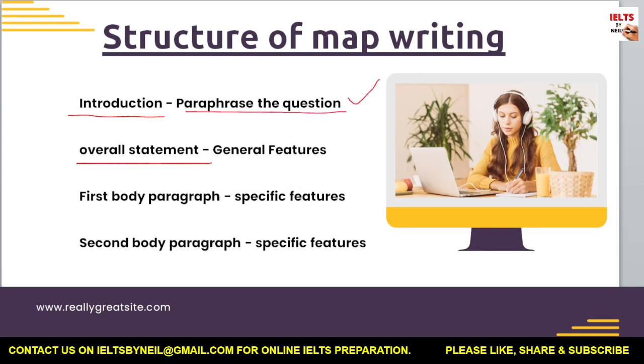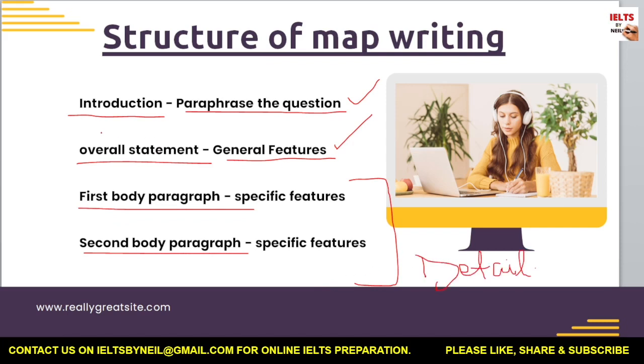The next one will be the overall statement, where you will write the general features or the general overview statement. Then the first body paragraph and second body paragraph will contain the specific features or detailed information. This is the structure for all types of task 1, so the same goes with the map. Now we will learn how to write each of these parts, part 1, 2, 3, and 4.